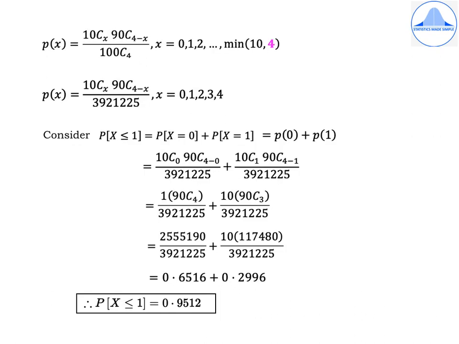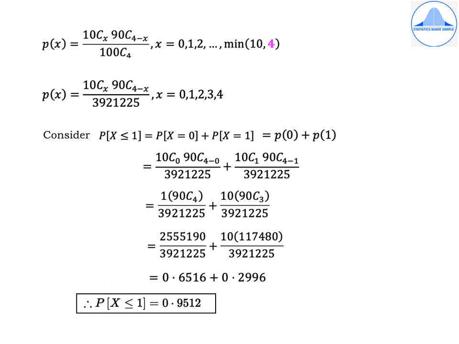Substituting the values of n, A and B in the PMF, we get P of x equal to 10Cx 90C(4 minus x) divided by 100C4, and x will take the value 0, 1, 2, so on, minimum of 10, 4, and the minimum of 10 and 4 is 4, which is highlighted in pink color. So you'll get P of x equal to 10Cx 90C(4 minus x) divided by 39,21,225, and x takes the value 0, 1, 2, 3, 4.